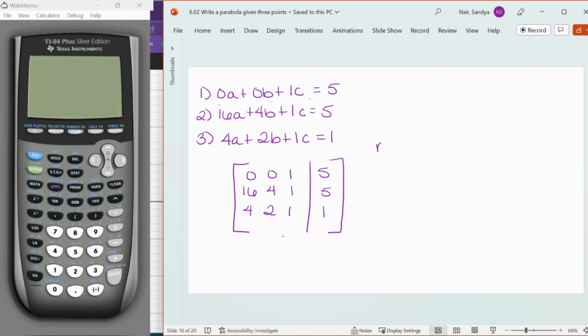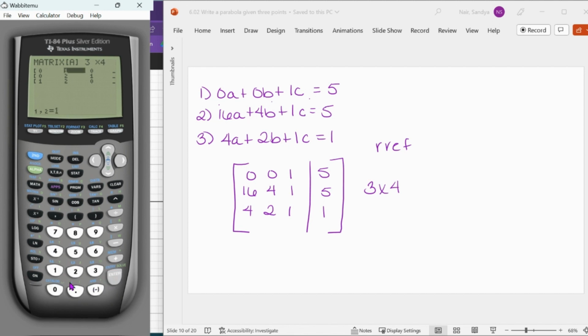Okay, so I'm going to use reduced row echelon form to solve this. If you want, you can use Cramer's rule, but I just decided to use reduced row echelon form because I think it's quicker. Remember that this is a 3 by 4 matrix, so I'm going to go ahead and go to second matrix, arrow over to edit. So this is set up to be 3 by 3, so I'm just going to adjust that, so 3 by 4, and then I enter my values.